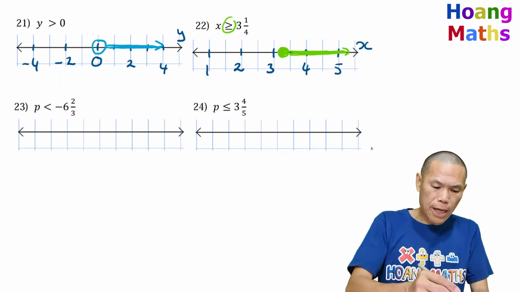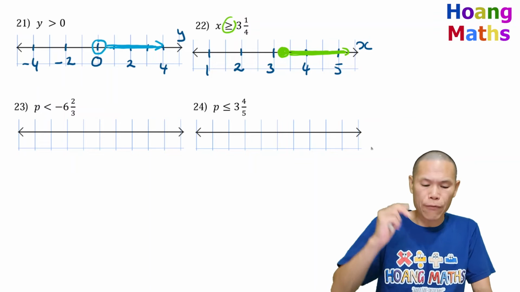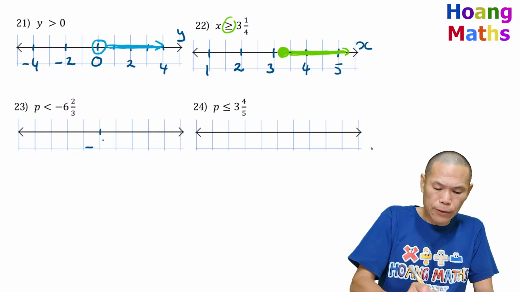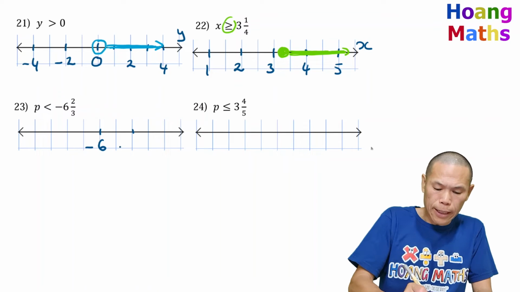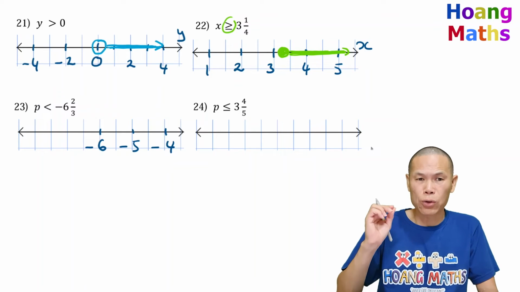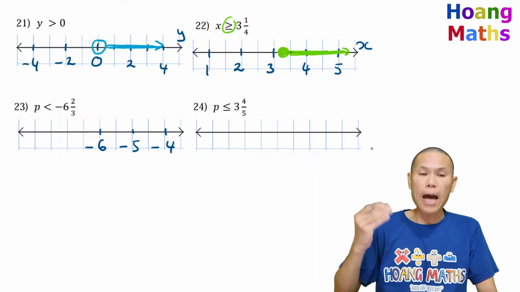23. P is less than -6 2/3. So let's start from number 6, negative. So -6 here. Let's make this -5 and this -4. 2 grid, 1 number is easier, that's all. Of course, you can write 1 grid, 1 number, but it's just harder to see.